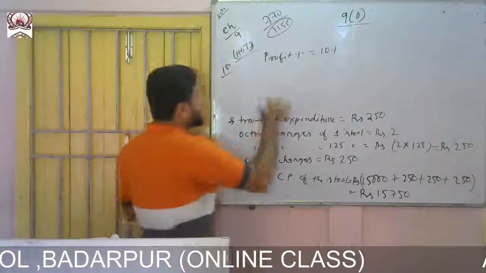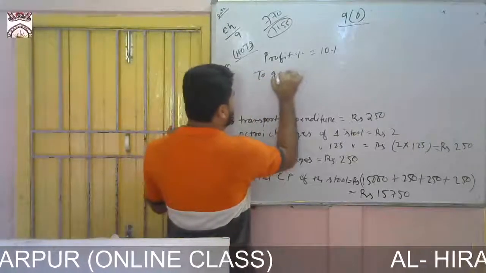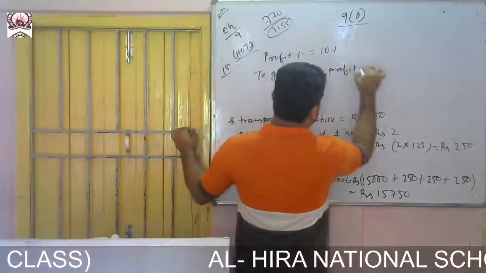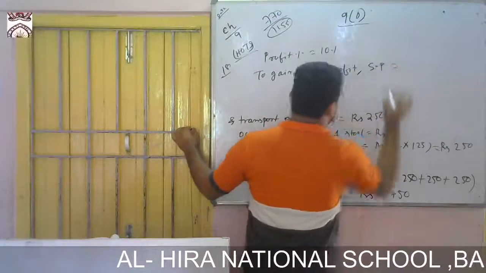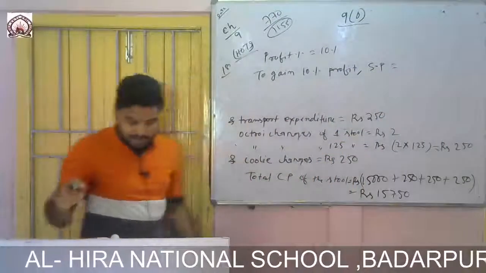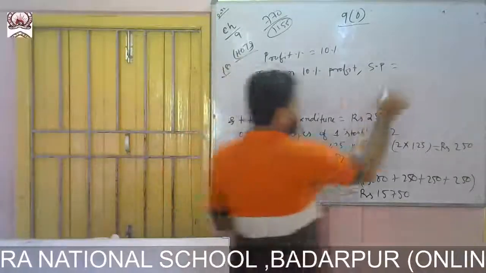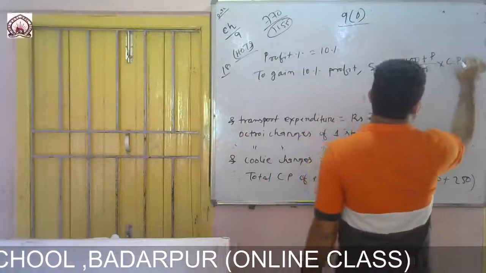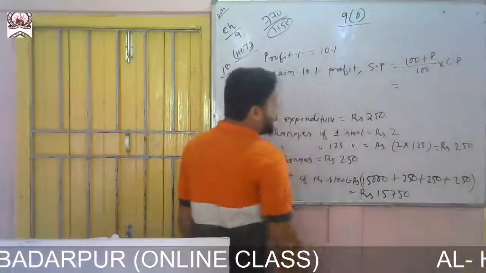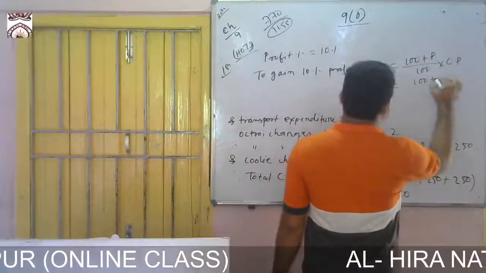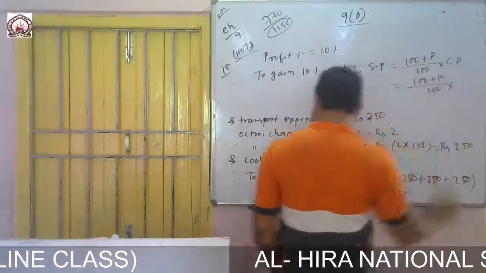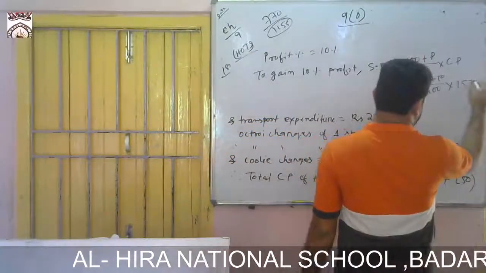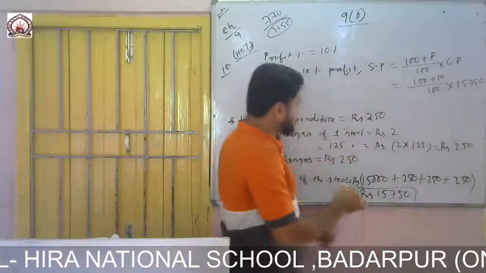Now write, to gain 10% profit, the selling price will be, we know the formula, (100 plus profit percent) by 100 into CP. So 110 by 100 into CP, and the CP we just found is 15,750.